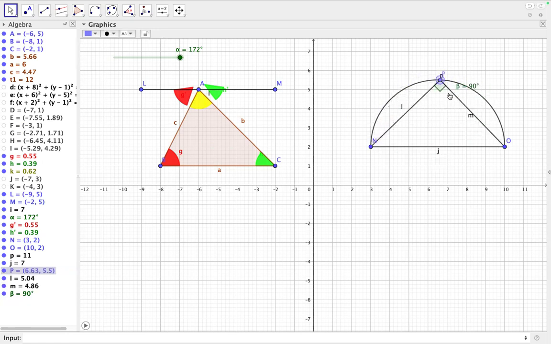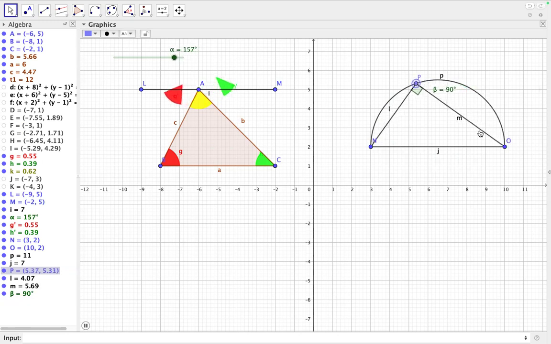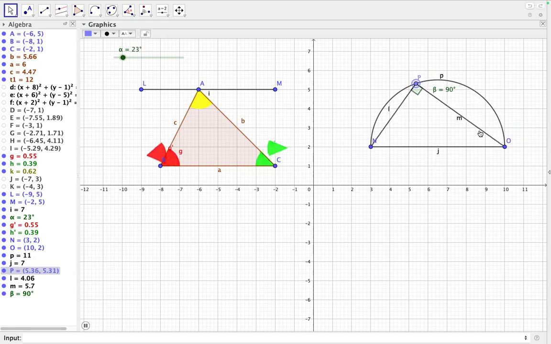You see, it doesn't change. It will always be 90 degrees. We can turn the animation on, and you can see that as the point moves along the circumference of this semicircle, it will remain 90 degrees regardless of the location of the point on the circumference of the circle. That is what we are trying to prove here.